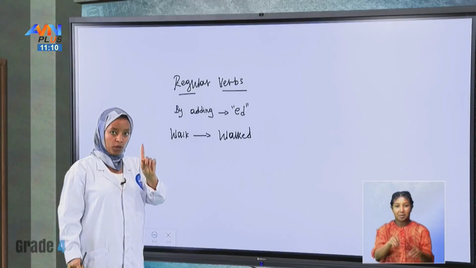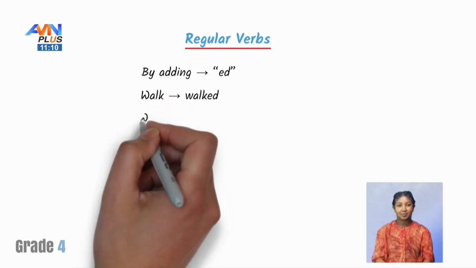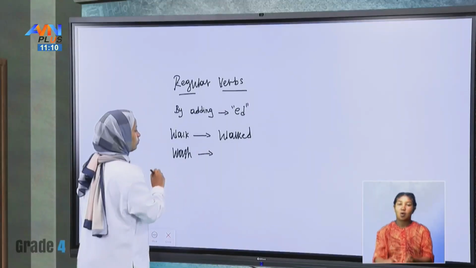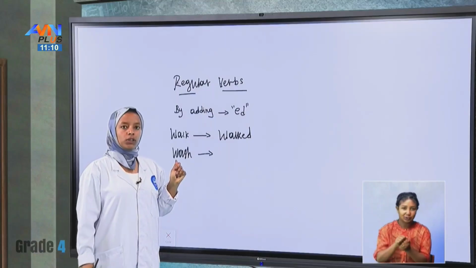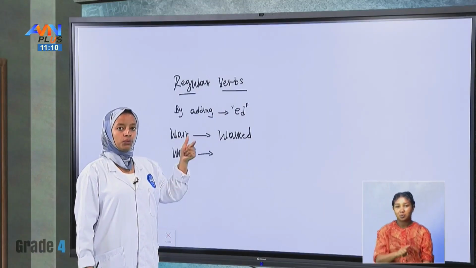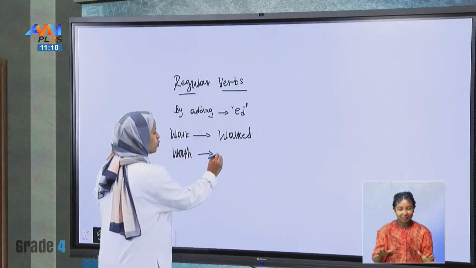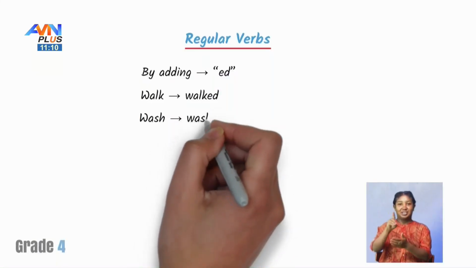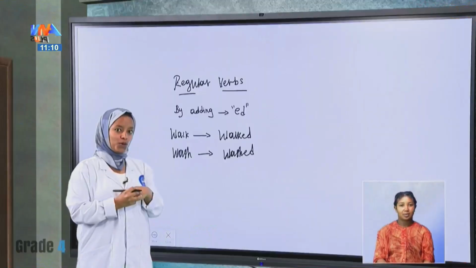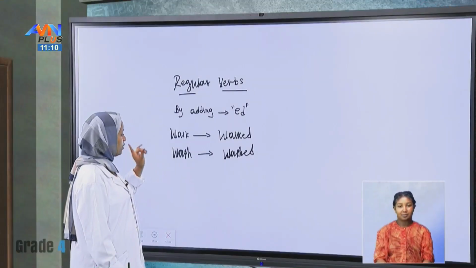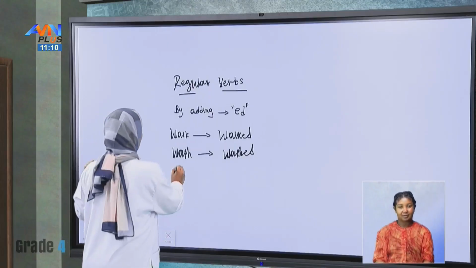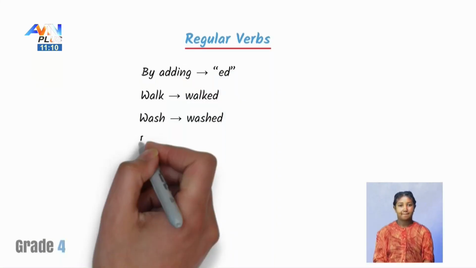Let me give you one more example. Wash. Okay, let me give you time. 1, 2, 3. Bravo. Washed. Let us add one more. Here is walked, washed, and also push.